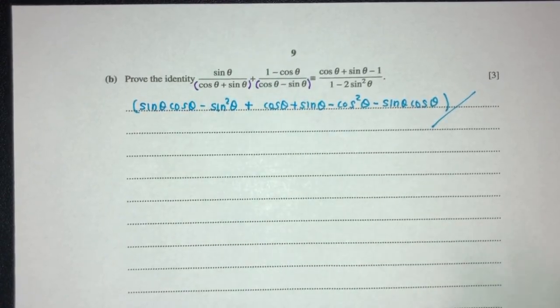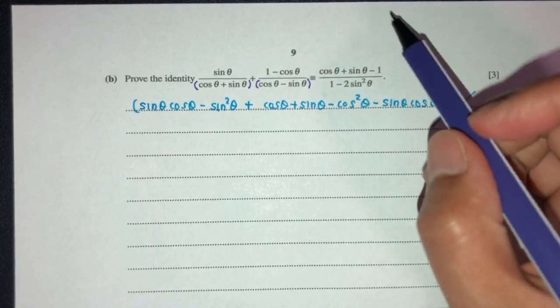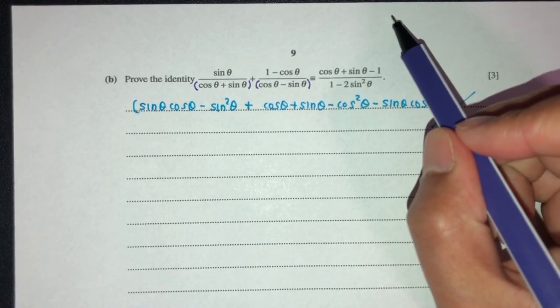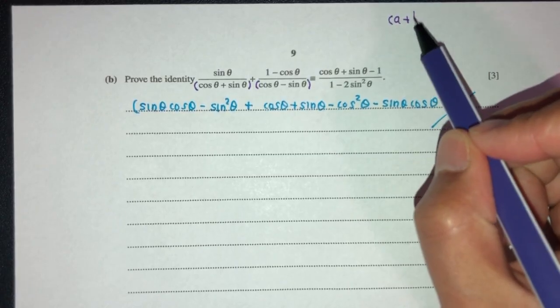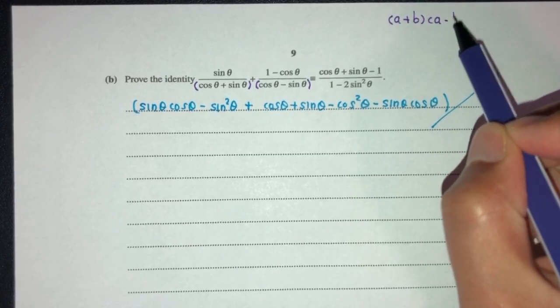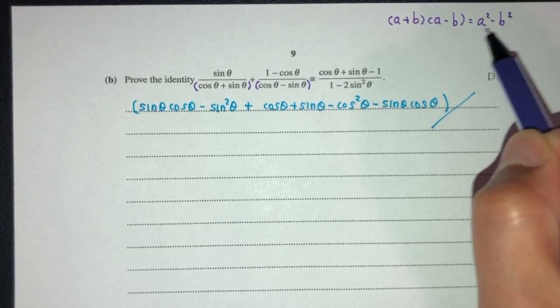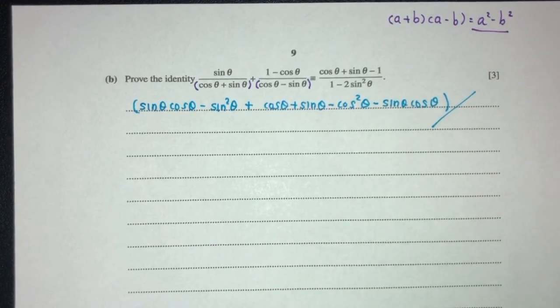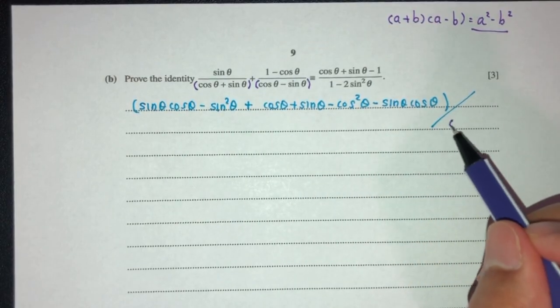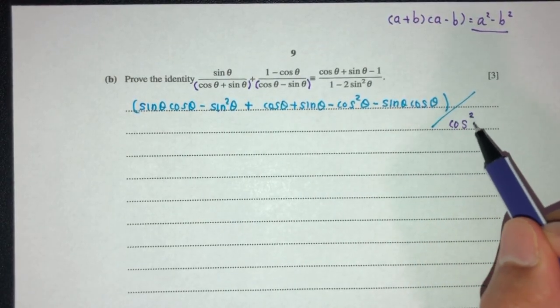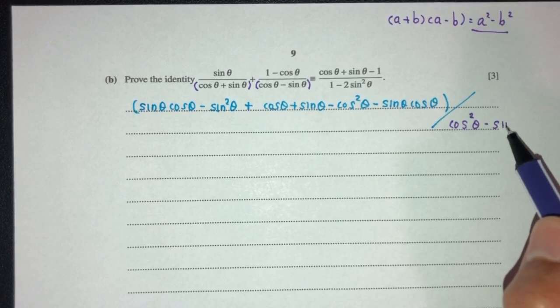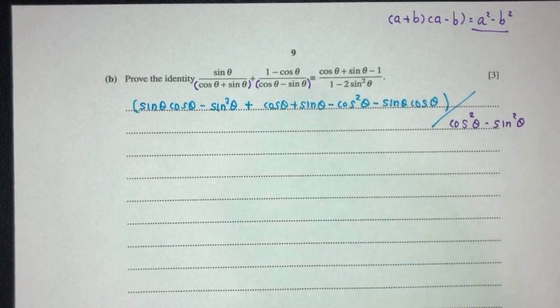That will become the difference of squares. For example, a plus b times a minus b gives you a squared minus b squared, right? Therefore I can use the same concept. That will give me cos square theta minus sine square theta. That is my base.